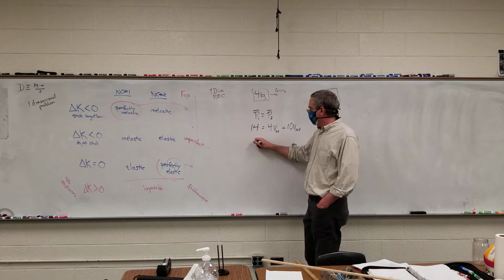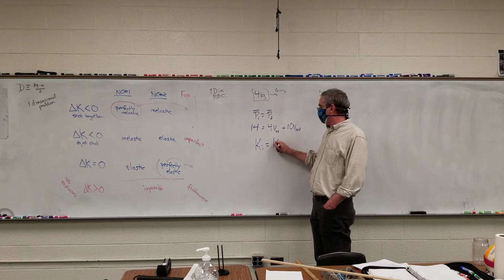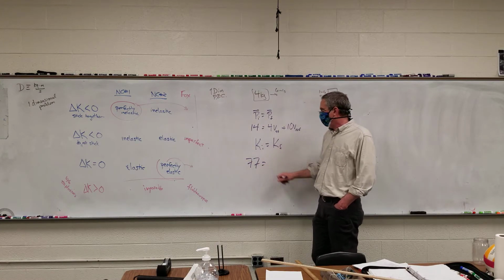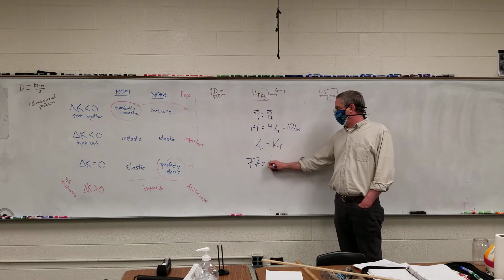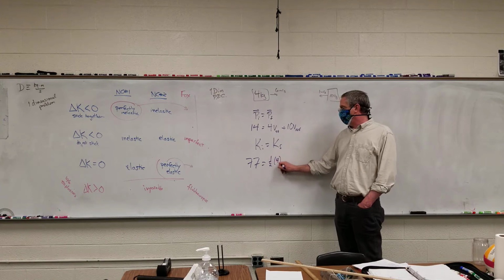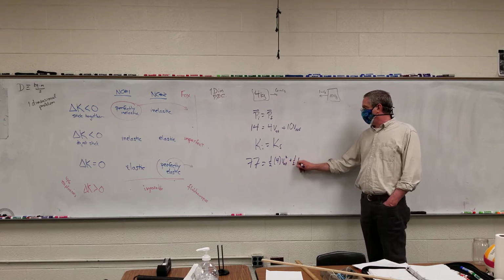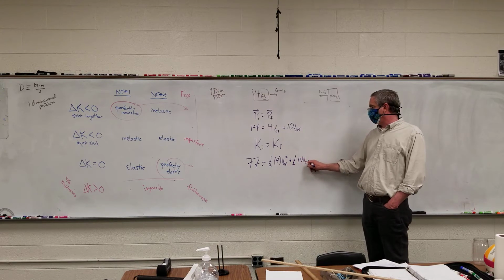All right, I know kinetic energy initial equals kinetic energy final. Well, we've done the initial, that's 77. And that's going to be equal to 1/2 times 4 times V 4 final squared plus 1/2 times 10 times V 10 final squared.